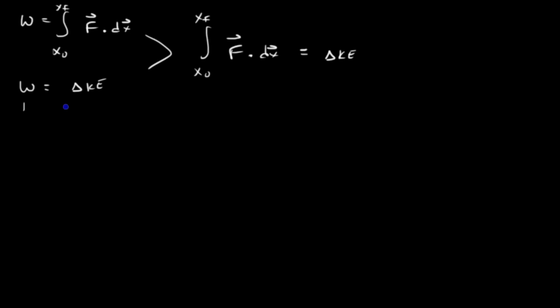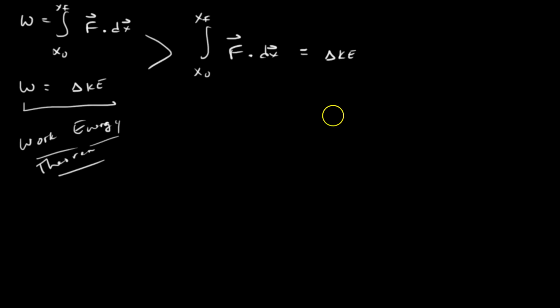By the way, this is derived from the work, and this is called the work-energy theorem. Just wanted to put it out there. So we combine these two equations, and we're going to be using this. And remember, part C was to find the change in the kinetic energy, delta KE.